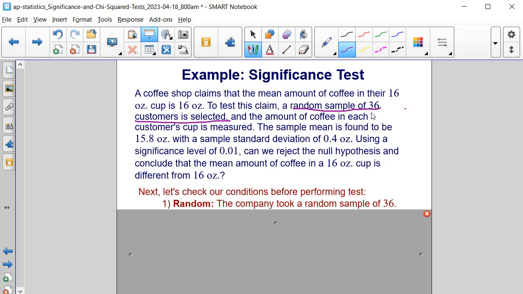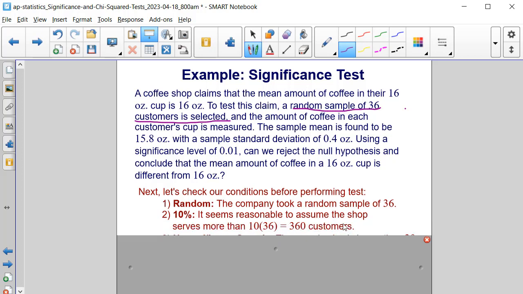They conducted the random sample on 36 customers, and it makes complete sense for the customer total to be more than 360, which would then make the 36 be 10% or less. And then the third condition is about the normal to large sample.